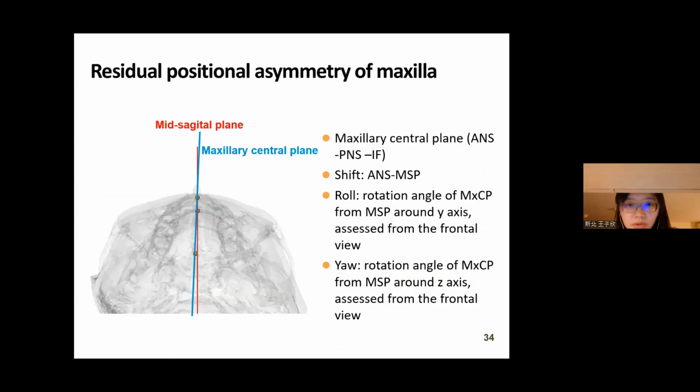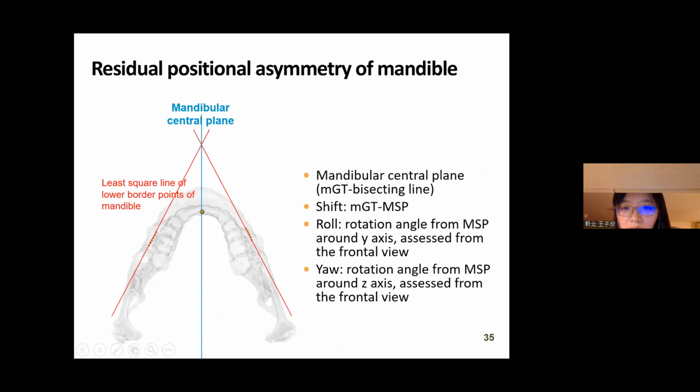Dr. Wang, please explain the shift. For shift asymmetry, like the maxilla, we measure the distance between N and S to the mid-sagittal plane. And for the mandible, it is the distance between the medial genial tubercle and the mid-sagittal plane.